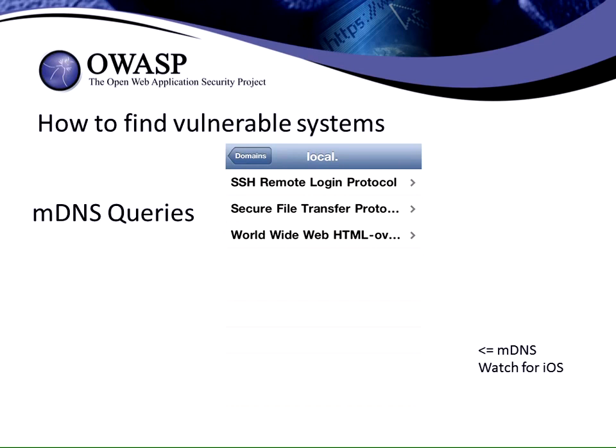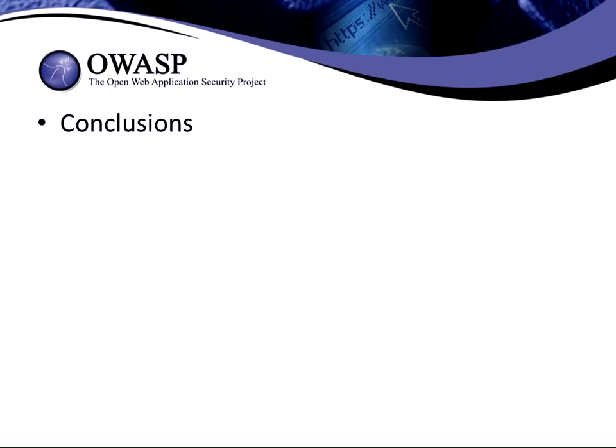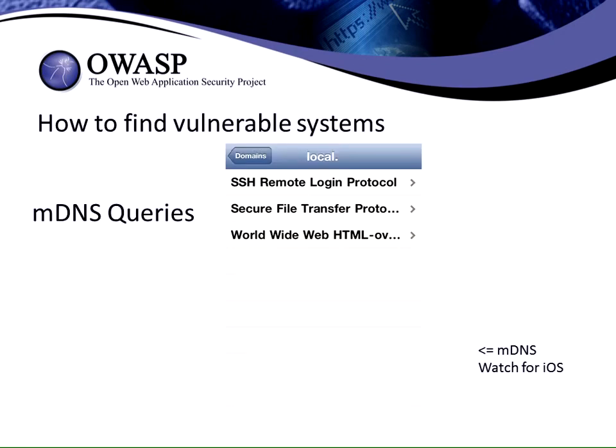Apple works with this mDNS protocol, and a bunch of applications also disclose themselves using mDNS. So if you're looking around on the wireless and you see a web server, if they're using this application, you can probably access it and compromise it.